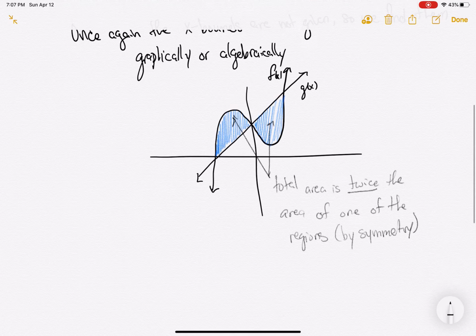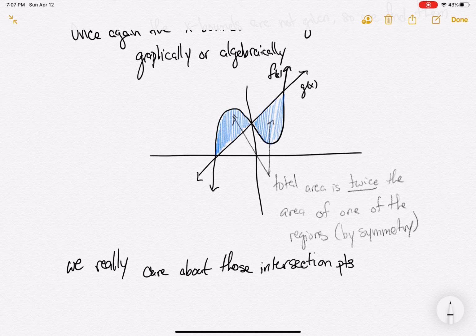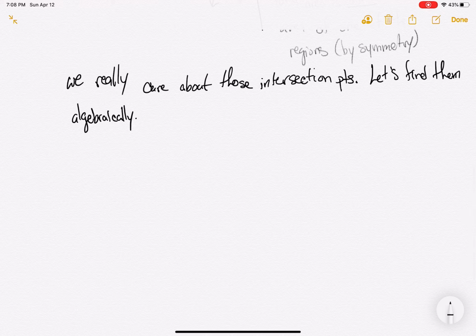So we really care about those intersection points. And so let's find them algebraically. And we talked about how to do this on the last problem.